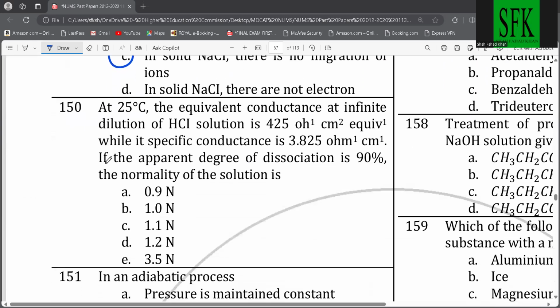Okay. At 25 degrees, the equivalent conductance at infinite dilution of HCl solution is 425, while its specific conductance is given.